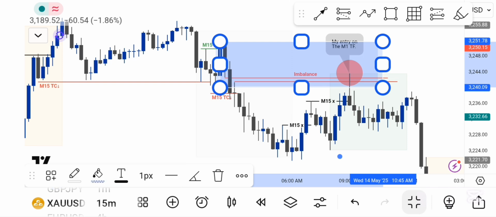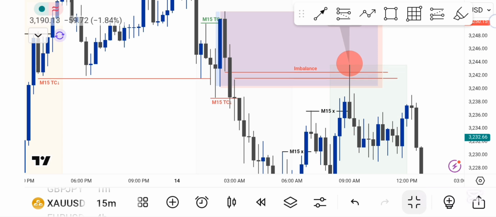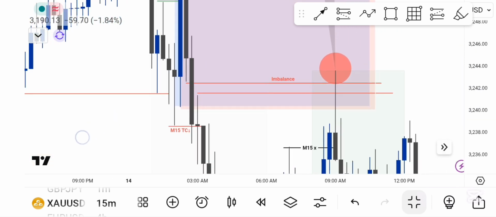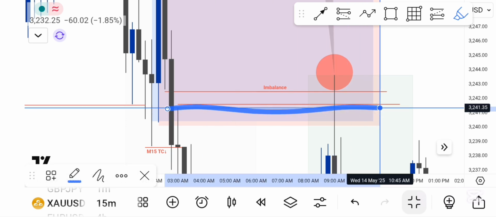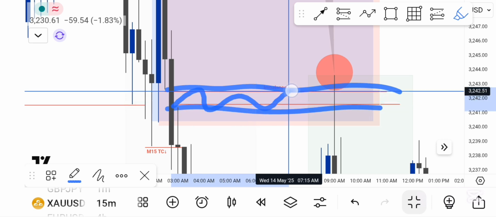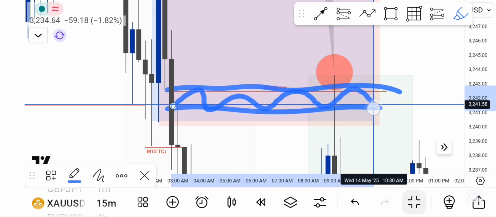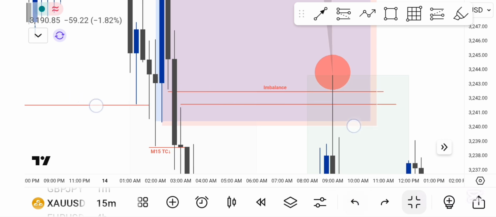That's my supply zone. And my supply zone must have imbalance, which is what you can see here clearly. These two spaces around here, first space. So this gap in between them, this gap is my imbalance. You get? So that's my imbalance for you.